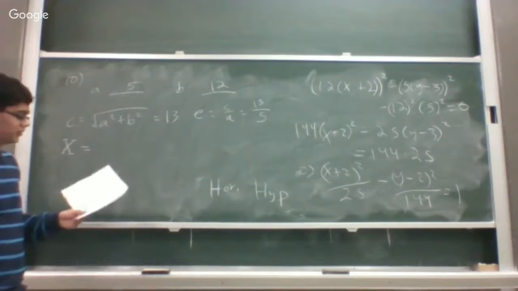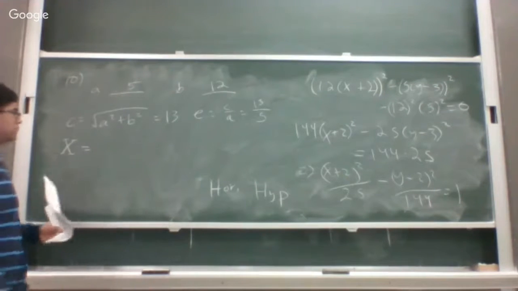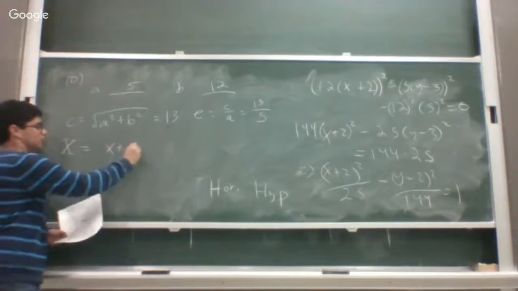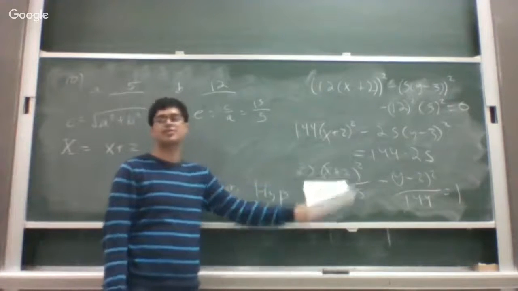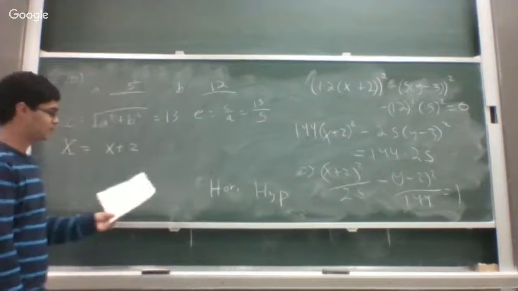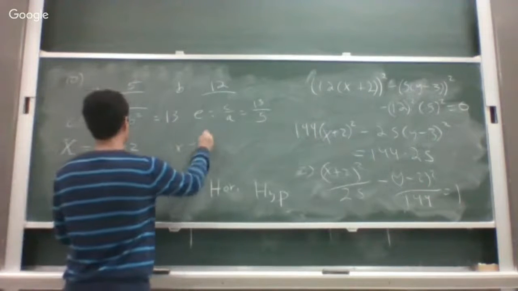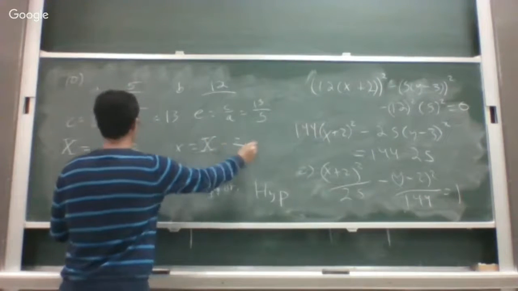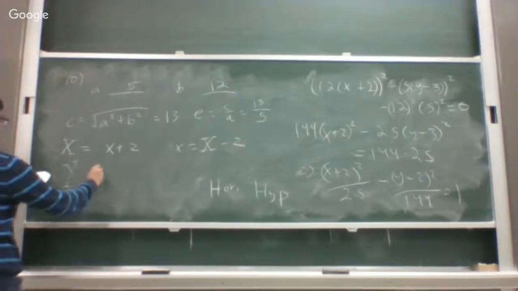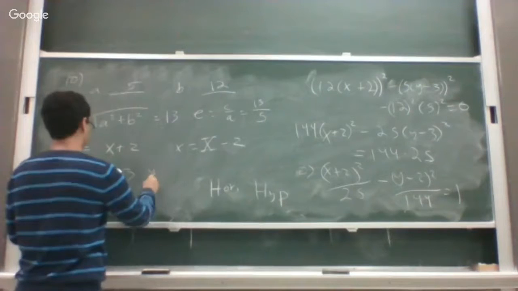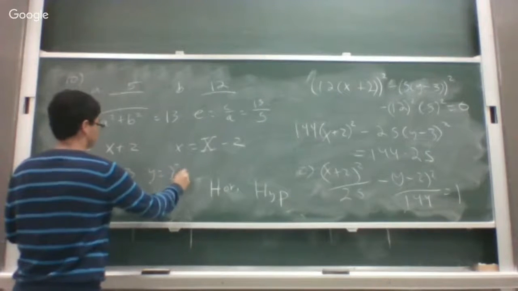Our big X is x plus 2, because essentially it's in the parentheses. So our little x is big X minus 2. Big Y is equal to y minus 3, so little y is equal to big Y plus 3.